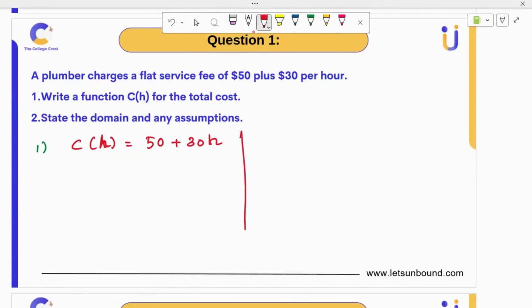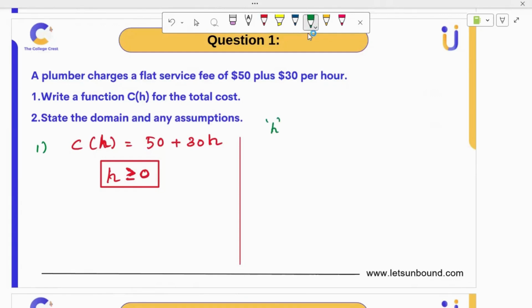State the domain or any assumptions. Let's say the domain is h greater than or equal to 0. This is because the hours cannot be negative, correct? And for assumptions, you can consider what h usually measures. h represents hours, so it is usually measured in whole numbers or fractions, like 2 hours or 2.5 hours, 5.5 hours, something like that.